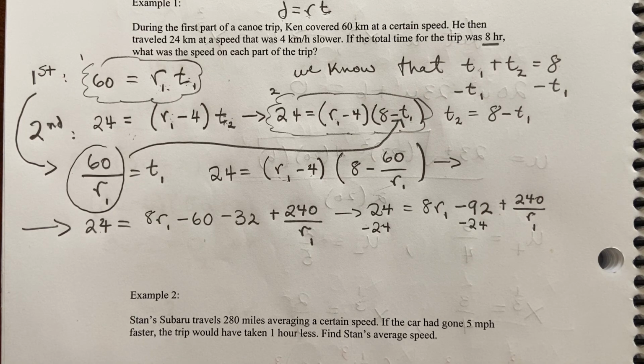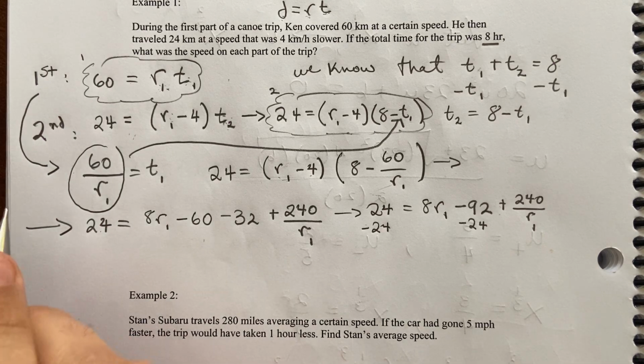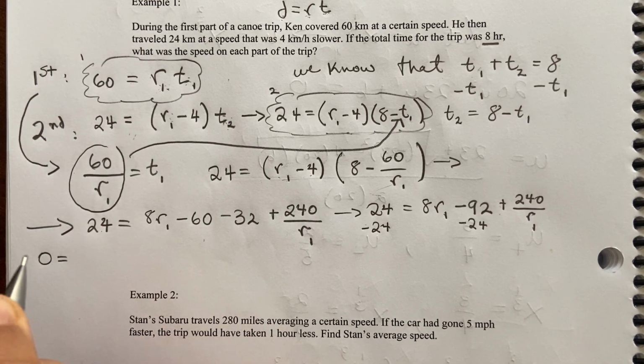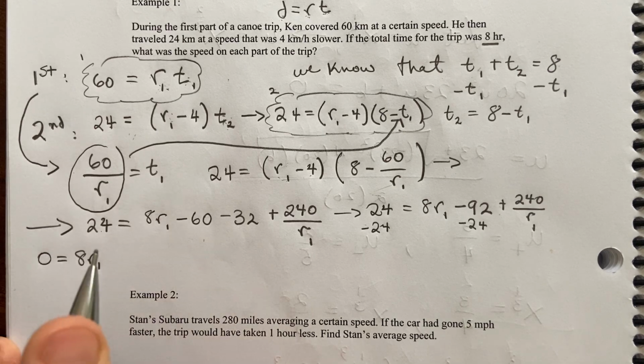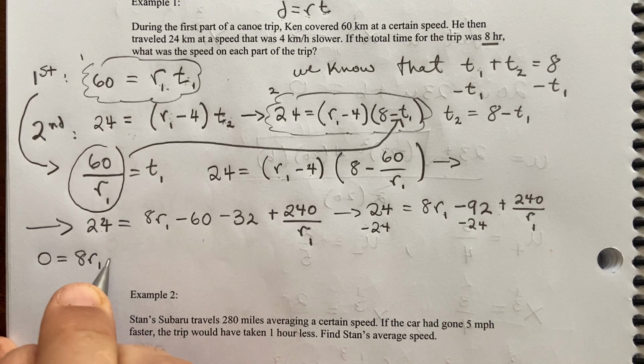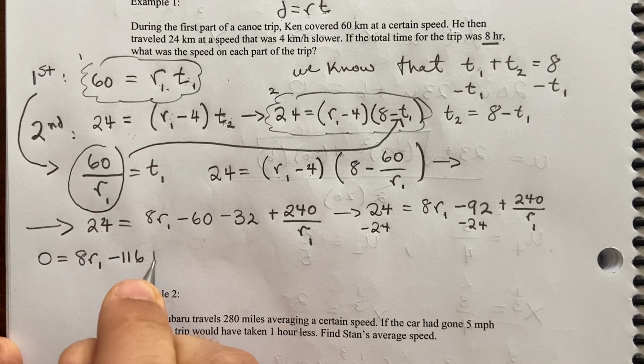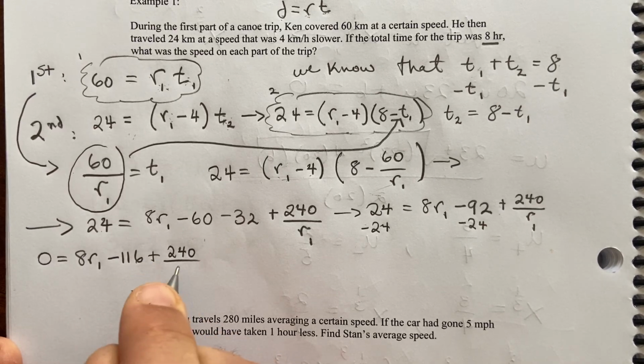So negative 92 minus 24 is negative 116. So now we have 0 equals 8R1 minus 116 plus 240 over R1.